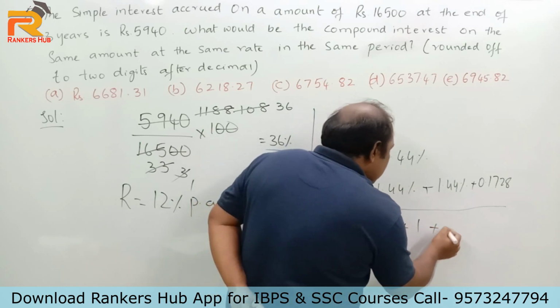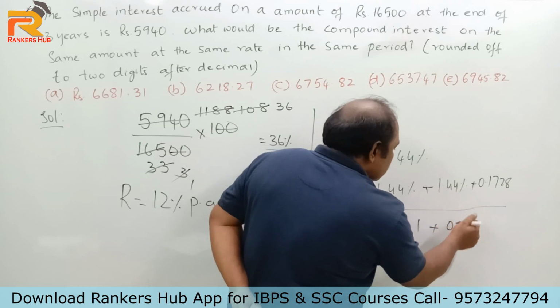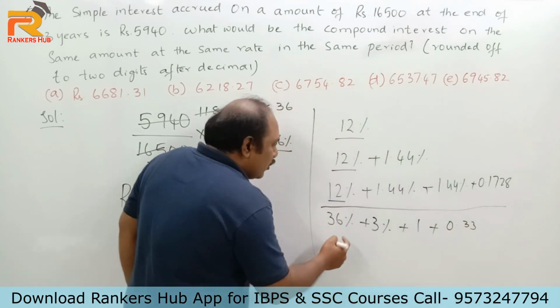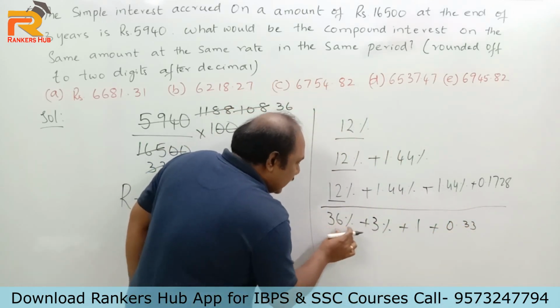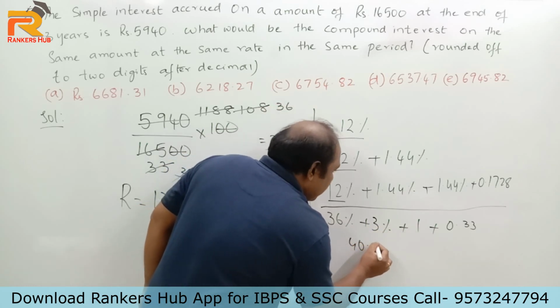So 1 plus some extra 0 point something. So 1.32. So you will get 1.33. So totally you will be getting an interest of 36 plus 3, 39 plus 1, 40%.